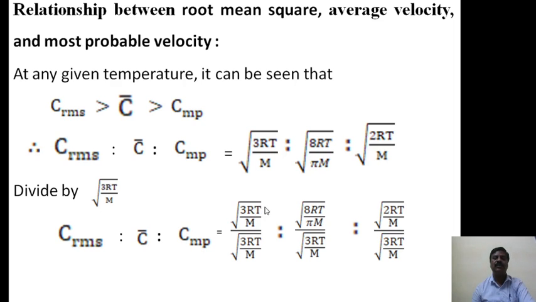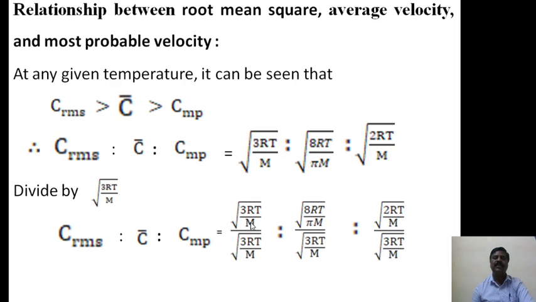This is equal to root of 3RT divided by M whole divided by root 3RT divided by M, proportional to root 8RT divided by pi M whole divided by square root of 3RT divided by M, proportional to root 2RT divided by M whole divided by square root of 3RT divided by M.